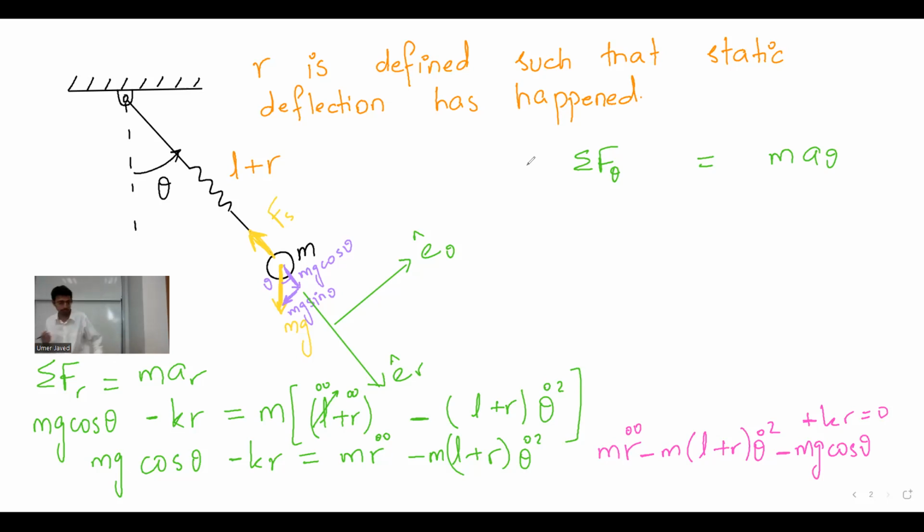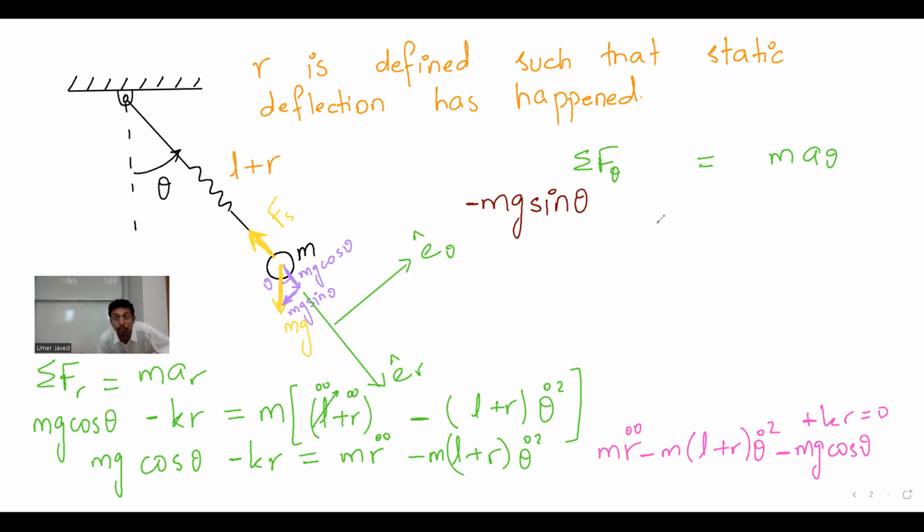Good. Okay, you already have started to tell me the answer. Minus mg sine theta. Hang on for a second.